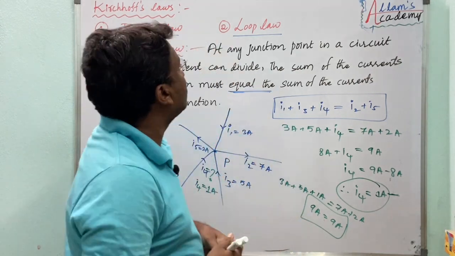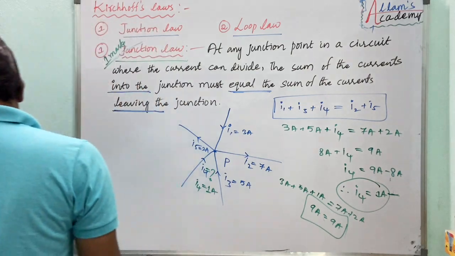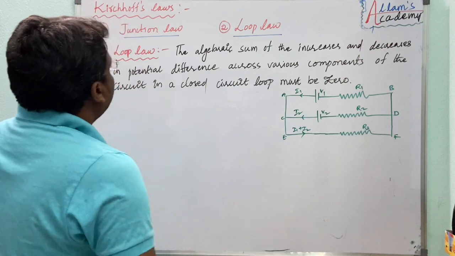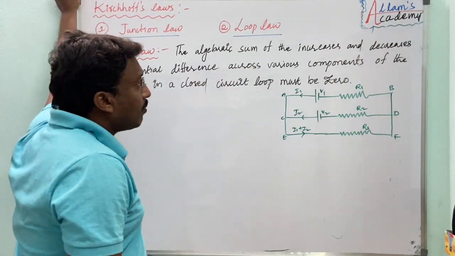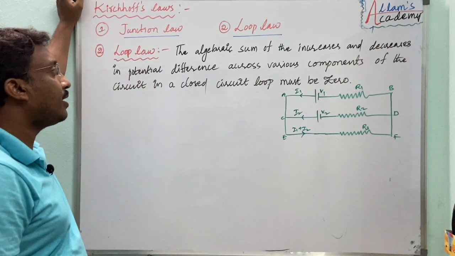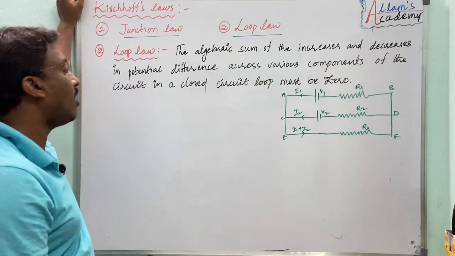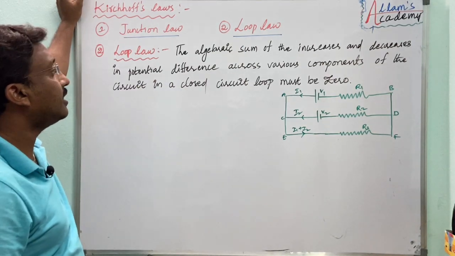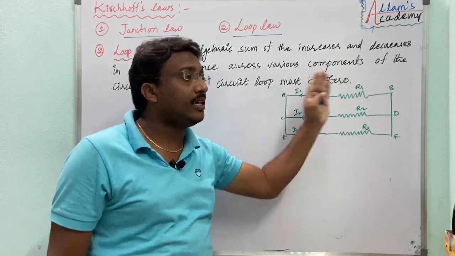Now we are going to discuss the second law, that is loop law. Loop law states that the algebraic sum of the increases and decreases in potential difference across various components of the circuit, in a closed circuit loop, must be 0.